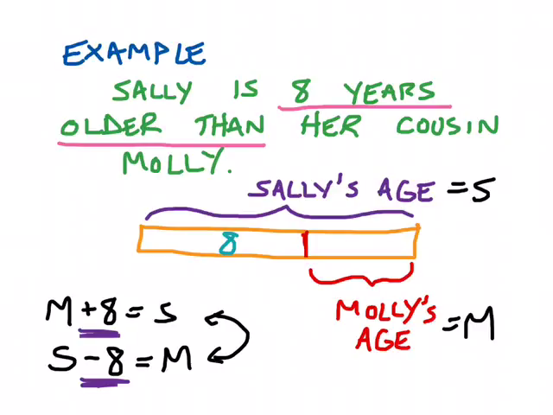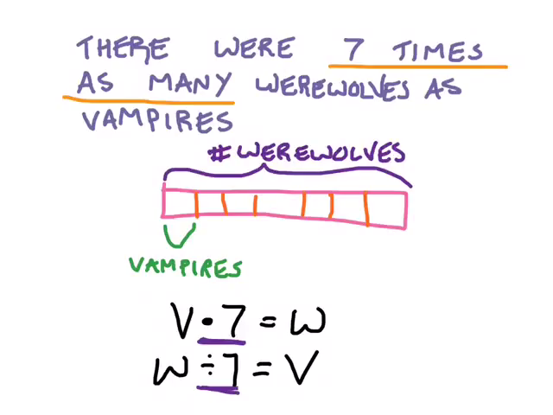Well, if one equation was subtracting 10, probably the inverse equation might have something to do with adding 10. If one equation is multiplying by 100, the inverse equation maybe has something to do with dividing by 100. It's a good place to start.